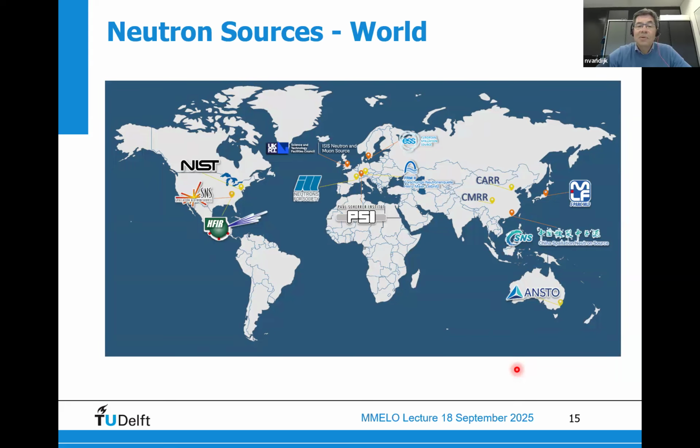Within Europe, the classical high flux facilities are ILL in Grenoble in France and ISIS in the UK. And we are currently waiting for the new European Spallation Source, which is in Lund in Sweden, which should start up within a few years. But you can see that also on other continents, there are various places where you have access.